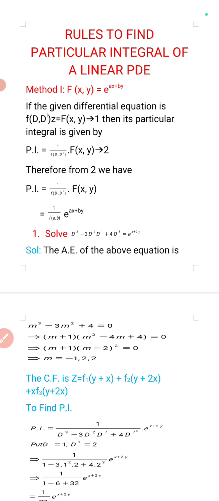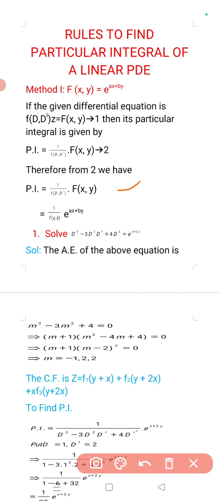A linear partial differential equation is of the form F(D, D')z = F(x, y). The formula to find the PI is 1 by f(D, D') into F(x, y).